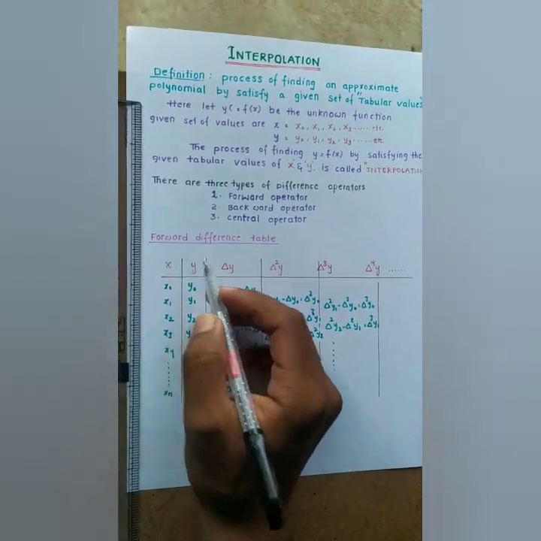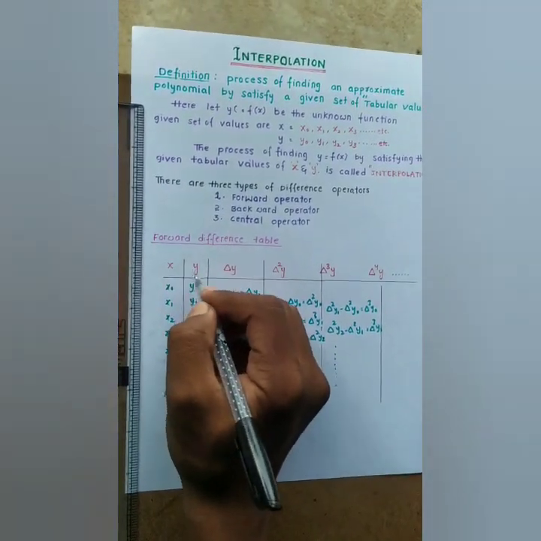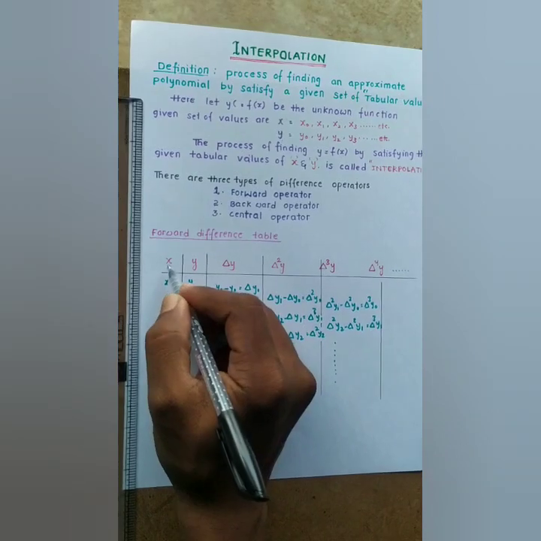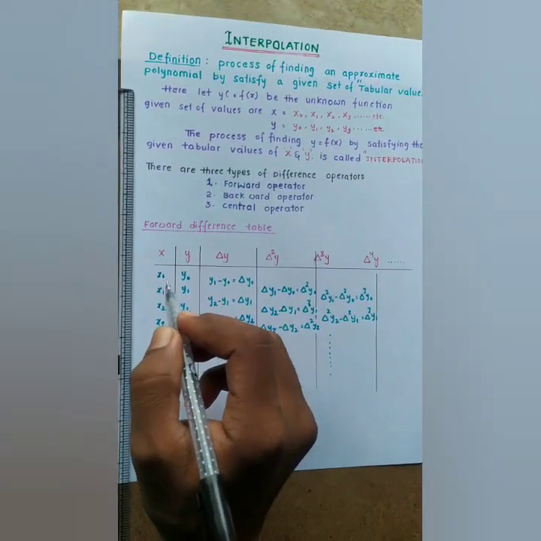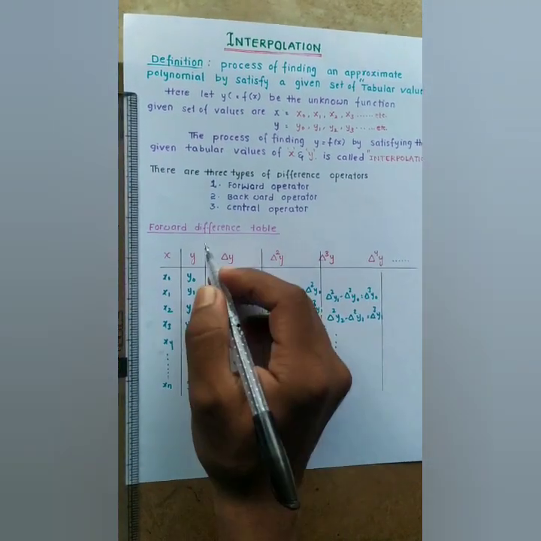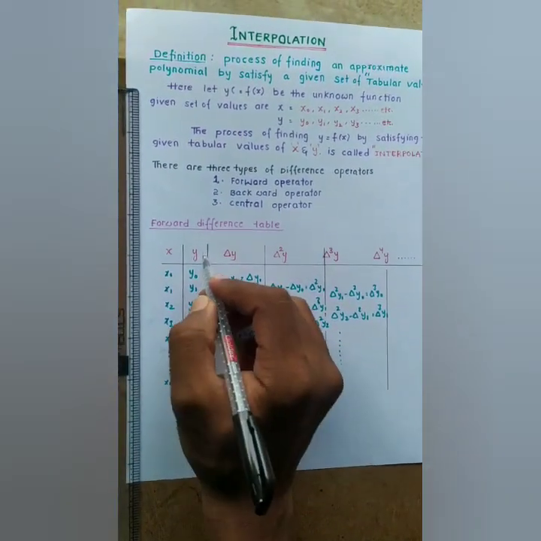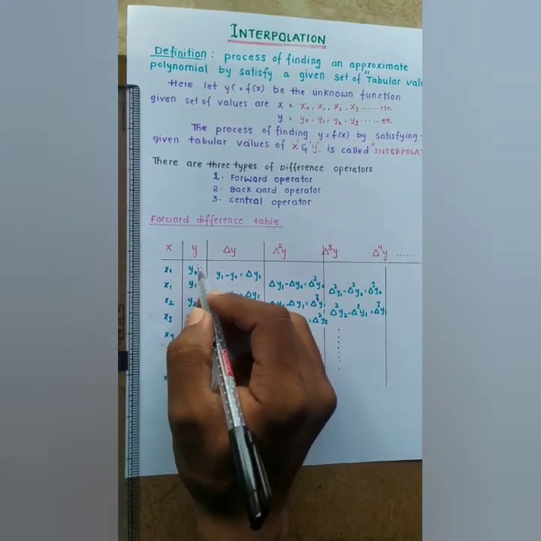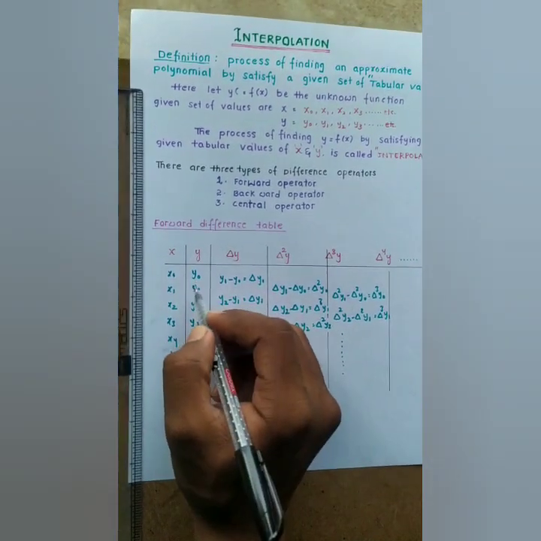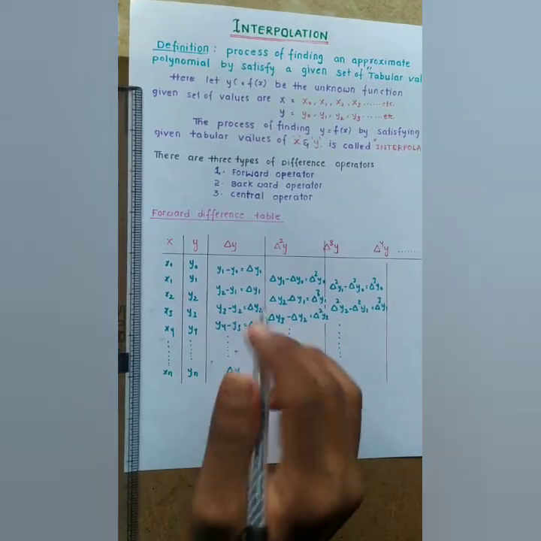How to draw the forward difference table? The values of x are x0, x1, x2, x3 up to xn, and the corresponding values of y are y0, y1, y2, y3.